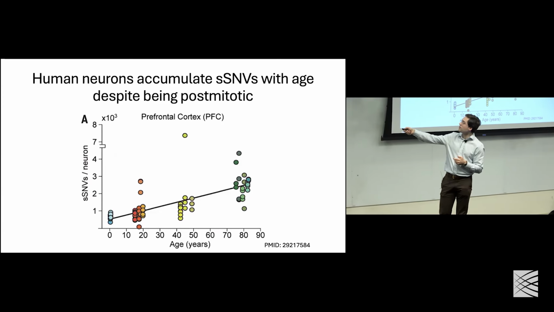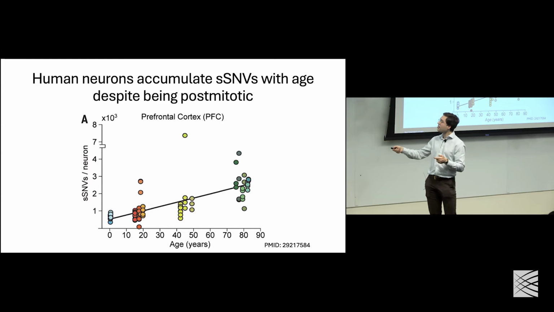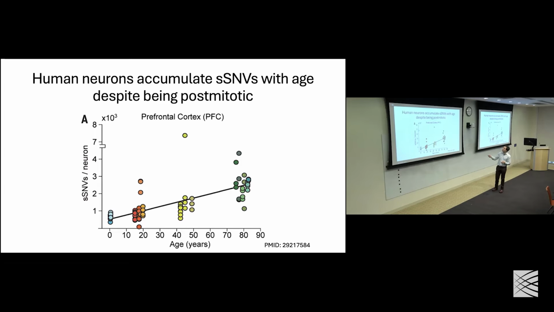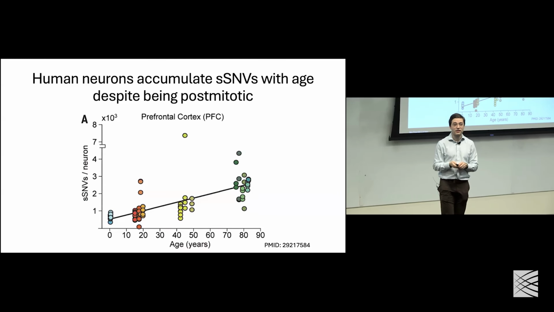So each one of these dots is a singular neuron from the prefrontal cortex of a person. And we see that there are more somatic mutations in aged individuals. And these happen despite being postmitotic. All of this time here from 0 to 90, I guess, is not time that the neurons spend dividing, but just time they spend existing. And nonetheless, accumulating somatic mutations.